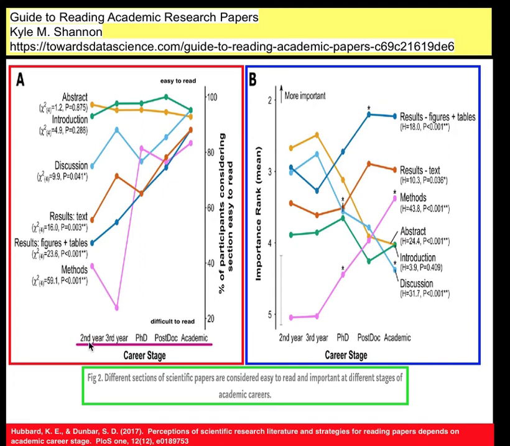So this is second year, this is third year, this is PhD, postdoc, this is a professor, this is the academic. So that's their career stages. The vertical axis here is the percent of participants considering a section of the research article as easy to read. So down here, it's difficult to read. If your scores are up here, it's easy to read.